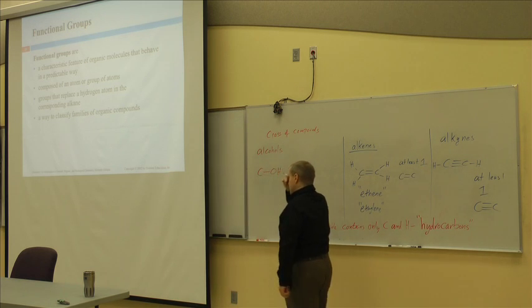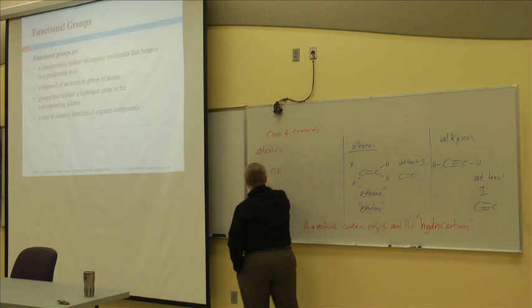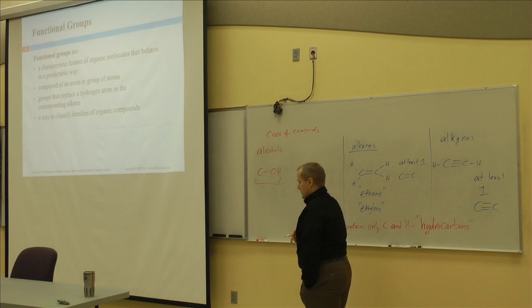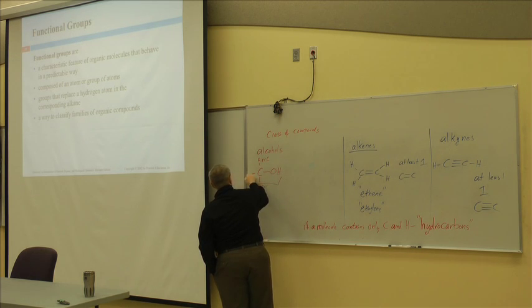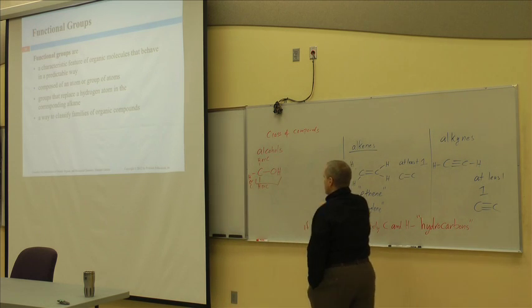When you have a carbon bonded to an OH, this is an alcohol. And on here, these can be hydrogen or carbon. So you can have all kinds of stuff there.